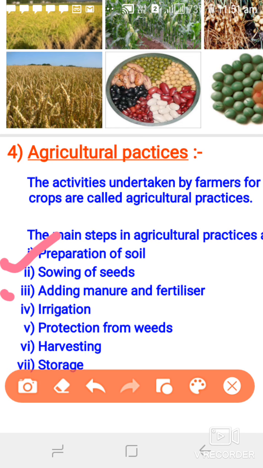Then the second, sowing of seed, okay. But you should keep in mind, sowing of seed means spreading of seeds to the agricultural field. So as you know, before the sowing of seed, we have to select the seed. We can include one more point after the first point. What should that be?